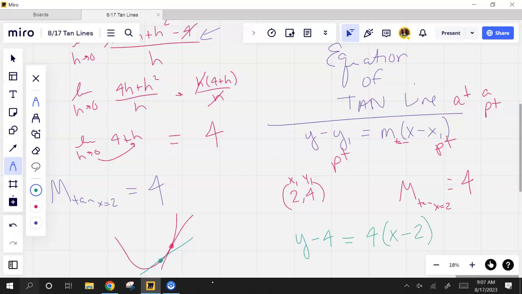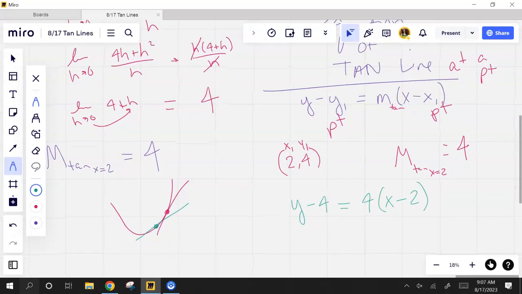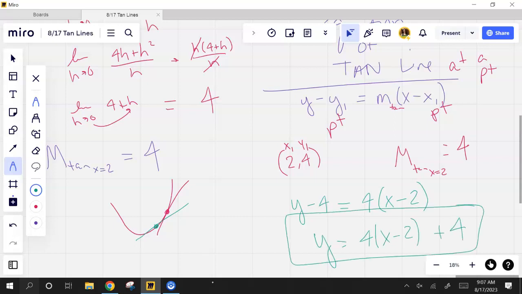And the only thing calculus does is they generally will leave you to solve for y at the end if it's a multiple choice question. So they would have it this way, not even multiplied out, but in that form right there. That is the tan line at 2, 4.